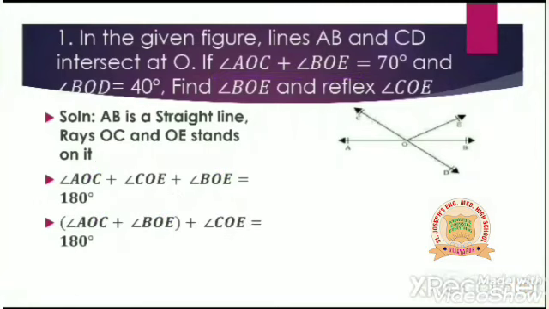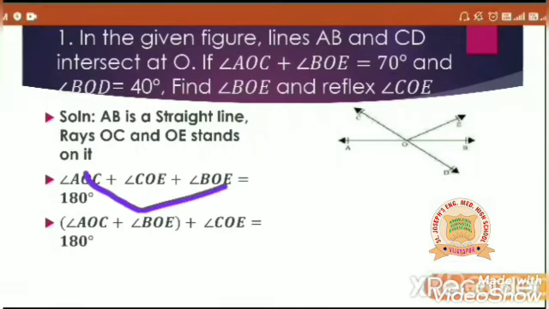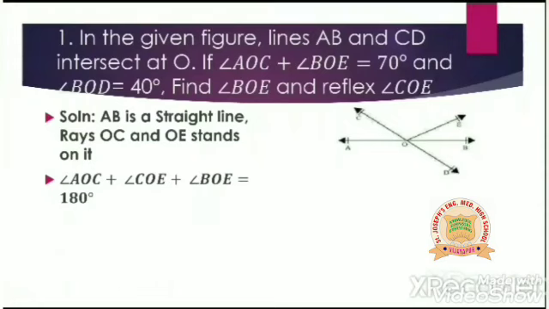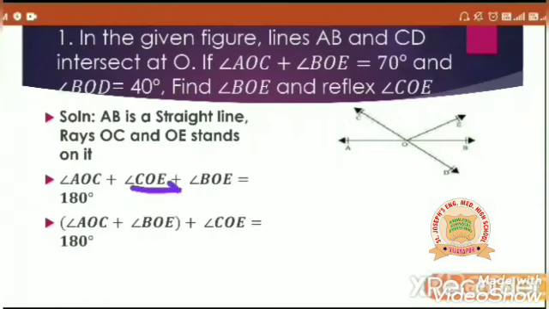Just see, angle AOC plus BOE, we have kept these both at one place, and COE we have taken separately. Now angle AOC plus BOE plus COE is equal to 180, the same thing we have written.